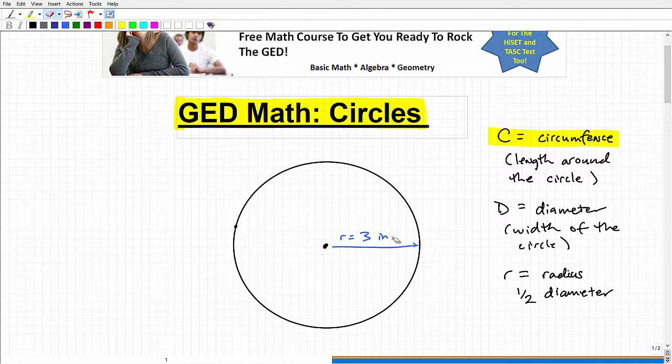Well, actually, this radius up here, and that is area. Area of a circle. The area of a circle is defined by this formula, pi r squared. Okay, now what is the area? What does that mean?